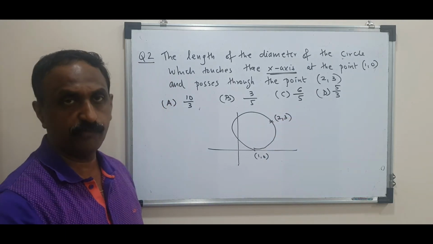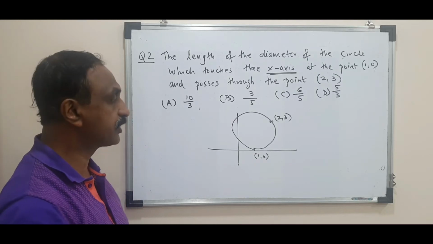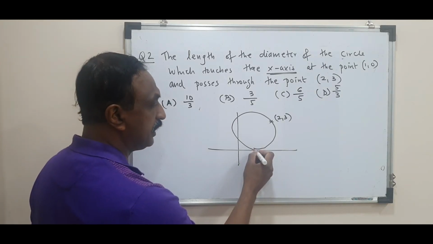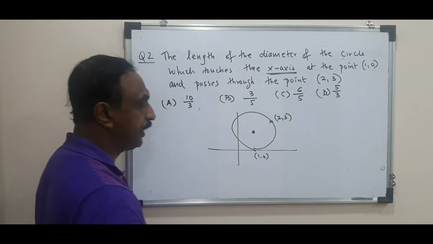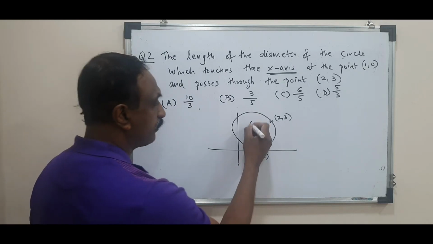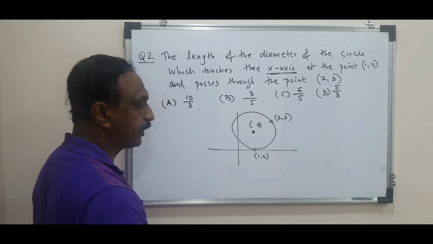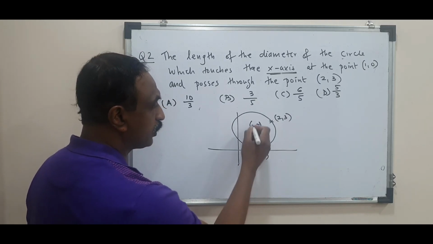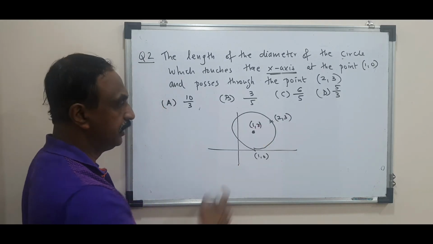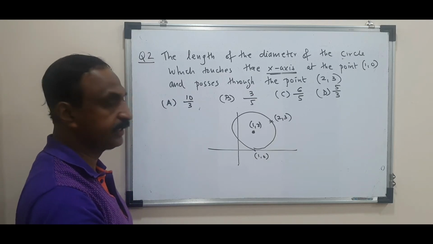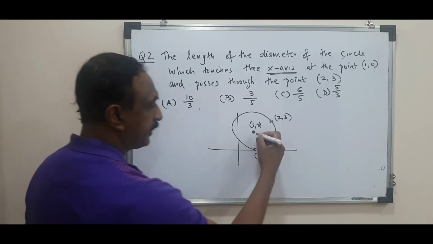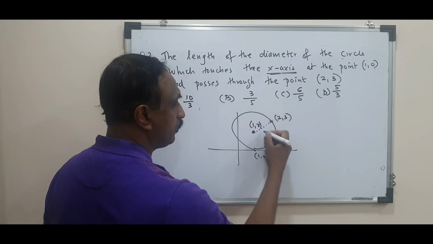The method of this problem also remains the same as the previous one. It touches the x-axis. So can you tell me what would be the center of the circle? Touches x-axis, so the y coordinate will be the radius r. Touching at (1, 0), so the x coordinate will be 1. So I can say the center of the circle is (1, r), and the distance from the center to this point will be r.